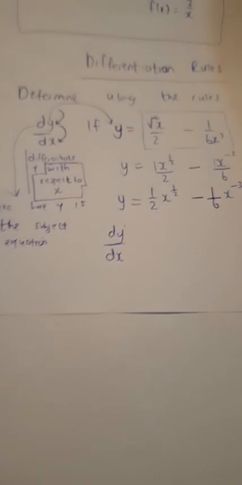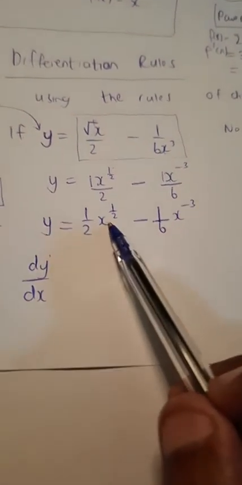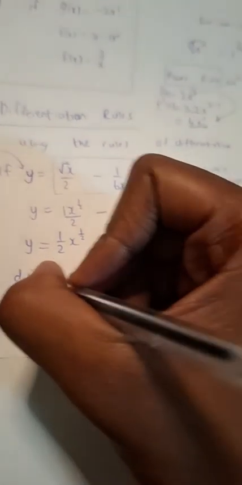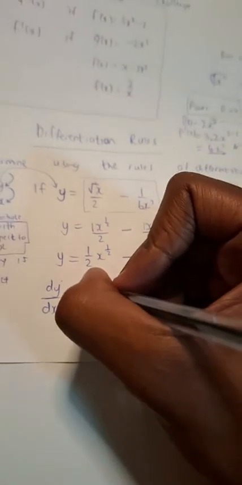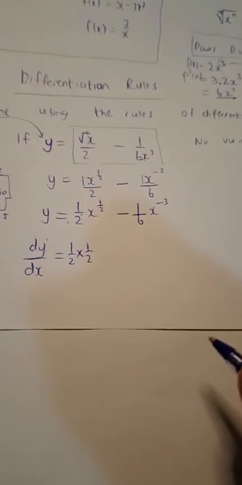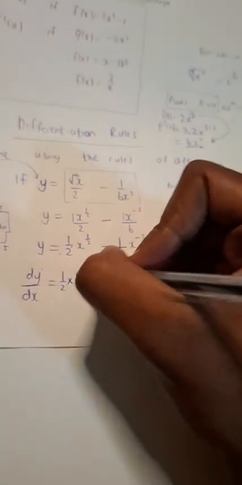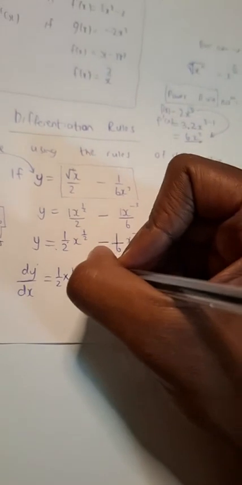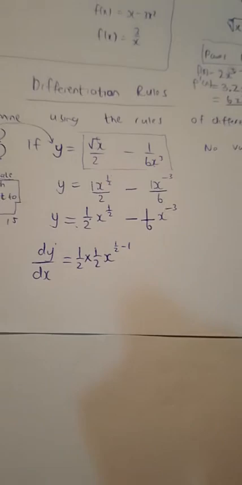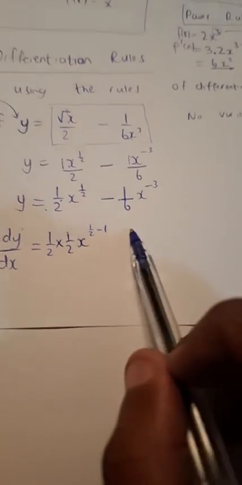So if you come here, what's going to happen when you start deriving? The half comes down, gets multiplied with the current coefficient, which is a half, and then we say x to the power half minus 1. Same thing here.